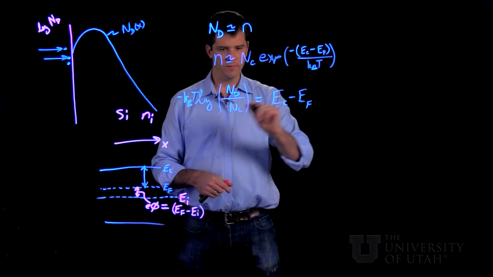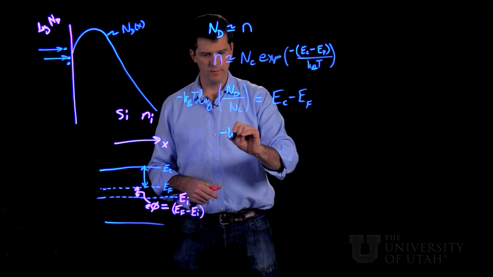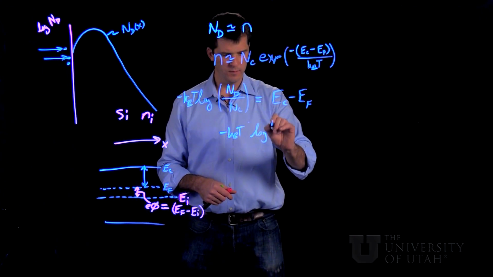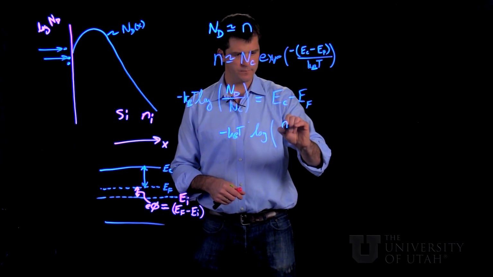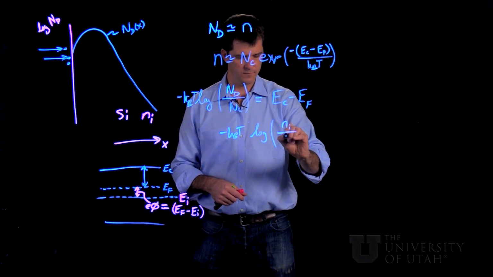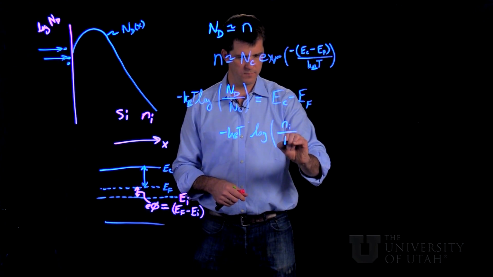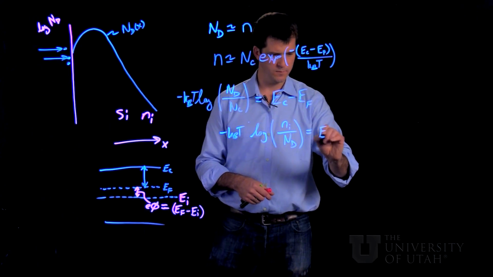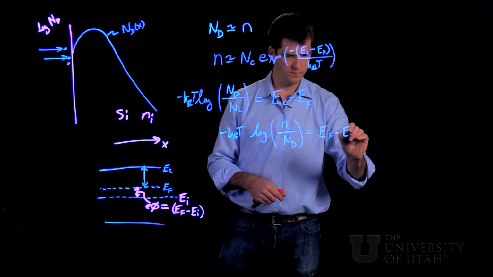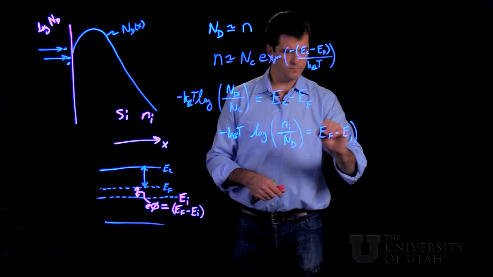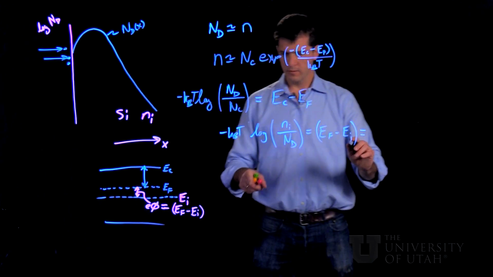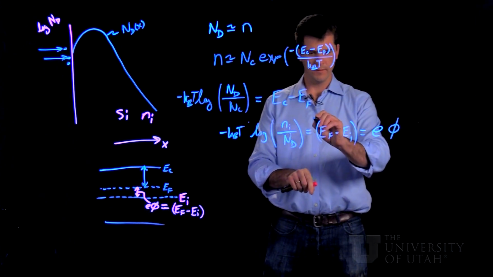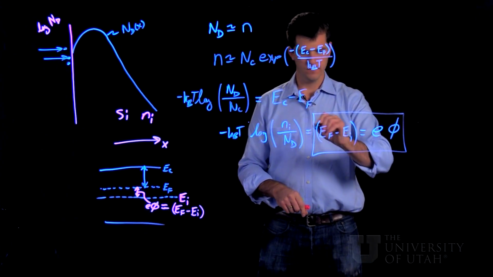Instead of writing it in terms of NC, we could say negative kBT times log of, so this energy difference here is E times our electric potential phi.